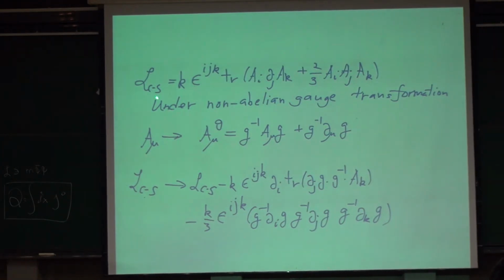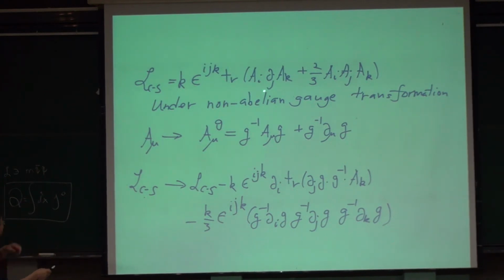Now, if I define the so-called Chern-Simons Lagrangian by this, so I'm just looking at the non-abelian Chern-Simons term and using it as a Lagrangian, this is very peculiar because ordinarily, the kinetic part of a Lagrangian should contain 2 derivatives in your field.